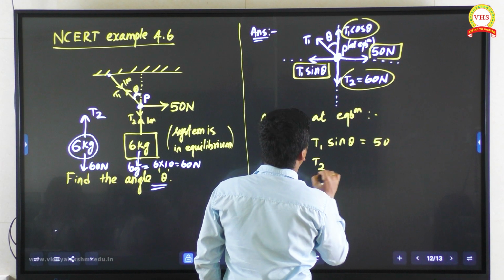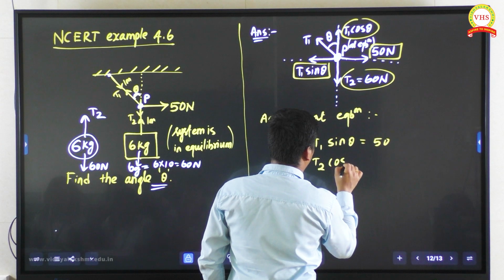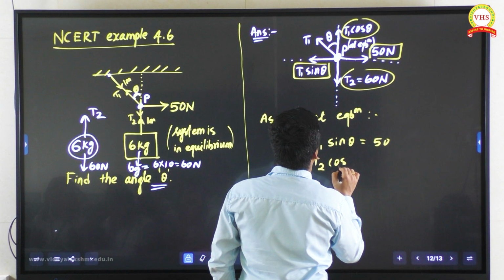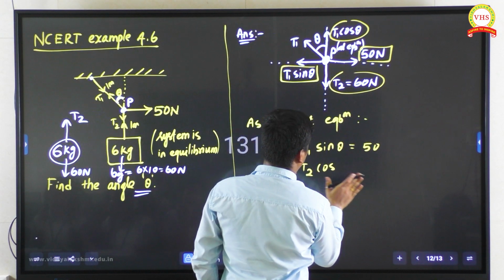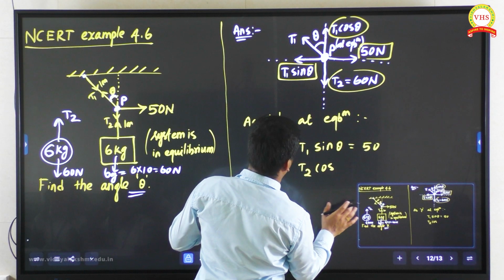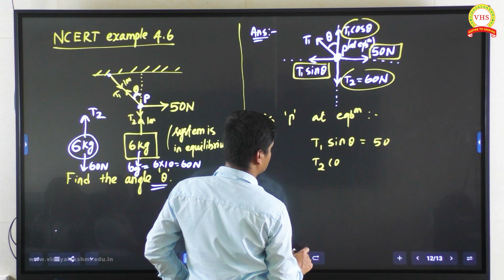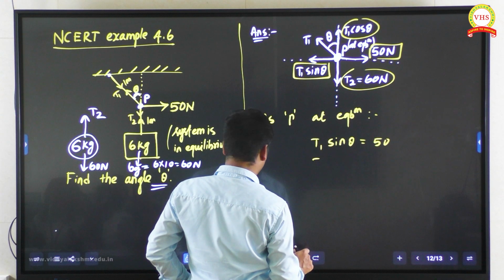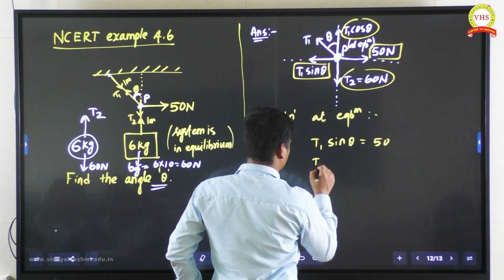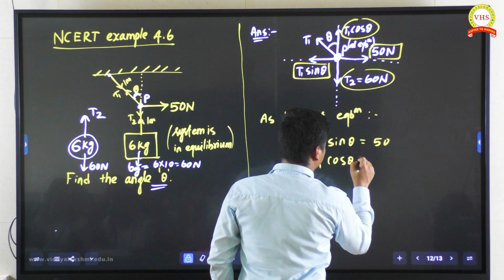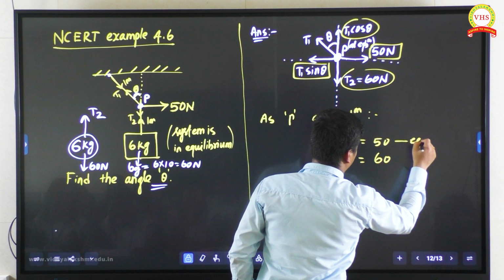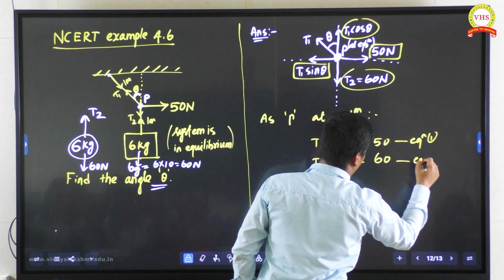And for the vertical forces, T1 cos theta, let me write clearly, T1 cos theta is equal to 60. This is your equation 1, and this is your equation 2.